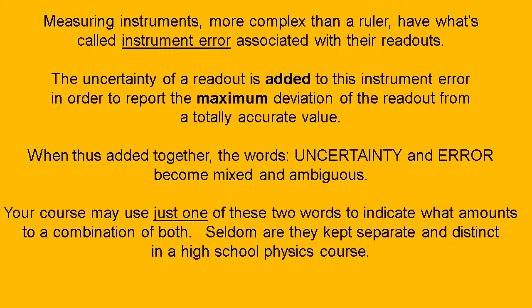When thus added together, the words uncertainty and error become mixed and ambiguous. Your course may just use one of these two words to indicate what amounts to a combination of both. Seldom are they kept separate and distinct in a high school physics course.